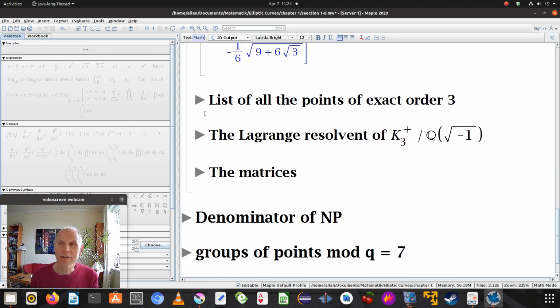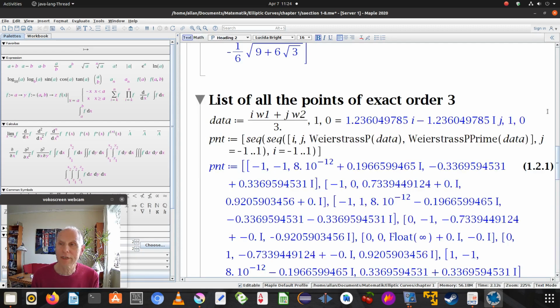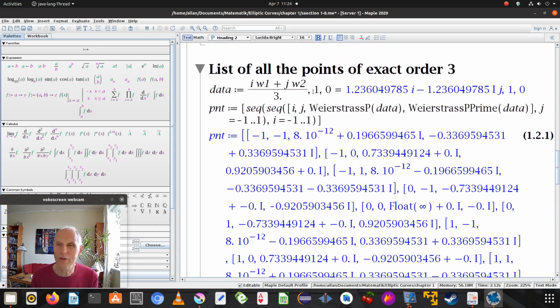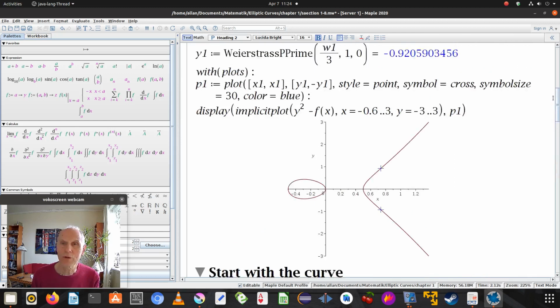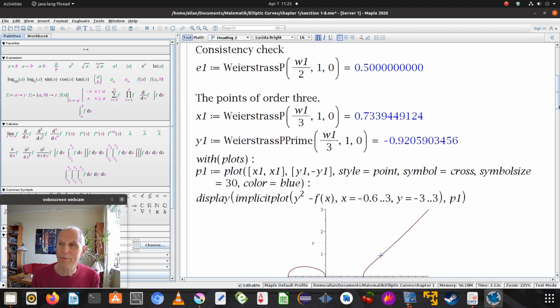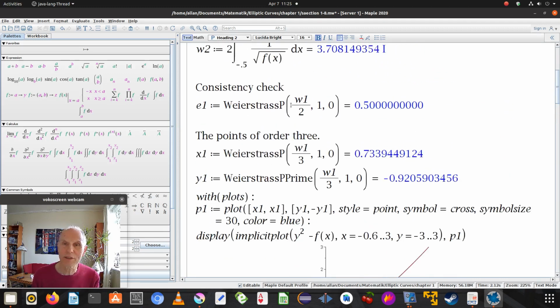And then I listed all the points of exact order 3. Actually, I got the unit in this list as well. So you saw I computed omega 1 and omega 2 by the integral, just to get a numeric value for it, always these consistency checks.